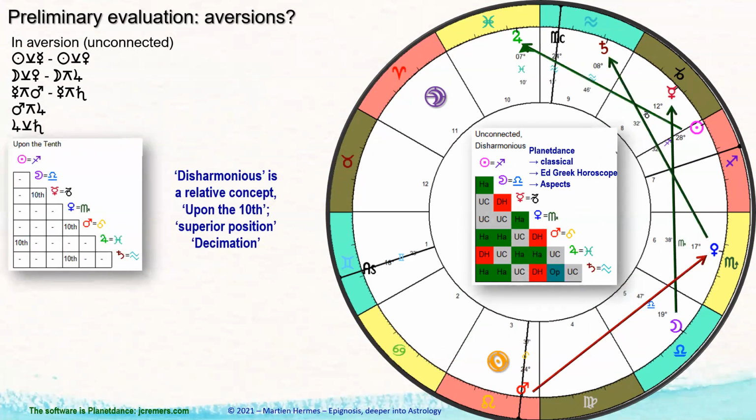But I must also say that the word disharmonious, as it's called in this table and in modern parlance, is a relative concept, because we also have what's called a superior position.